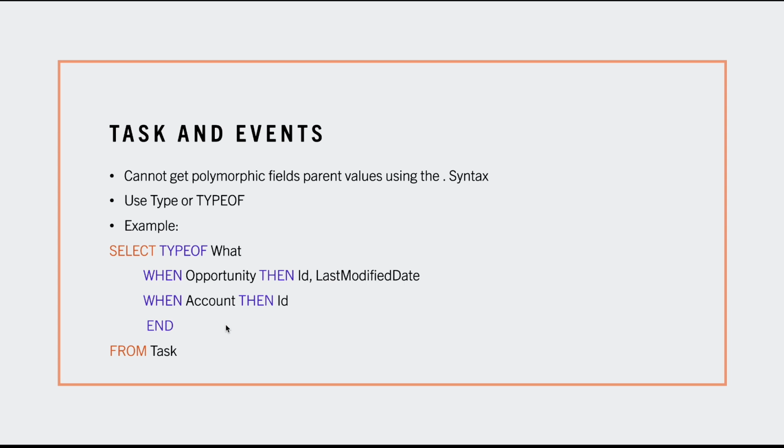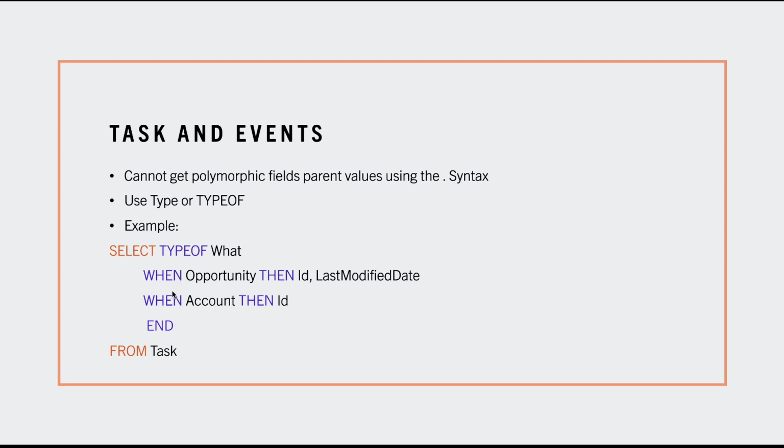We'll take an example like always. What I'm doing here is basically saying SELECT TYPEOF. TYPEOF is just a clause in SOQL. TYPEOF What. The reason it's What is because when you go to the Related To field in task, I'll show you in the object manager, the actual field name is What. So we're saying SELECT TYPEOF What WHEN.